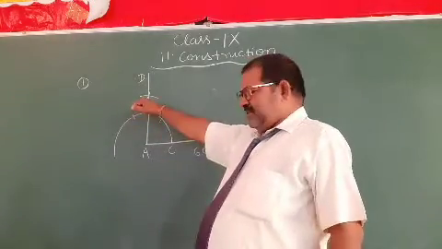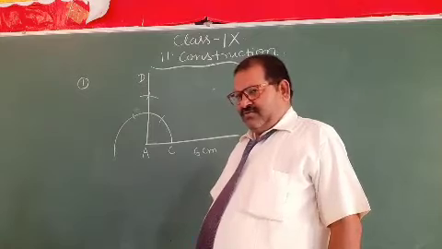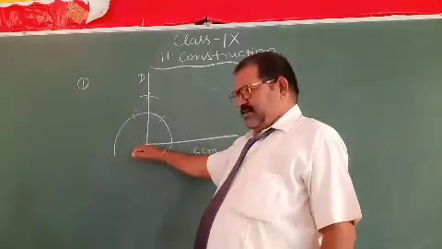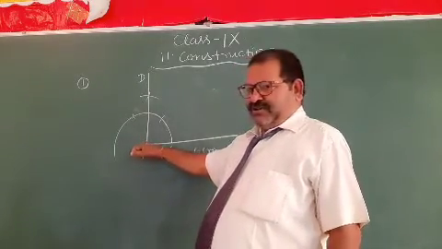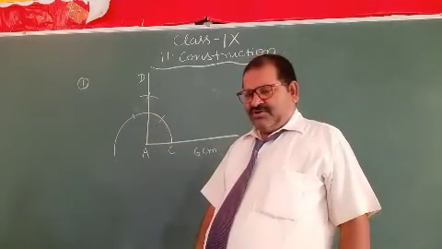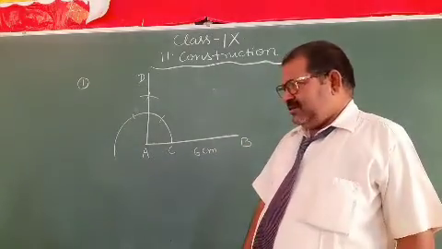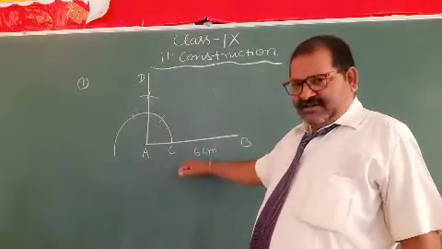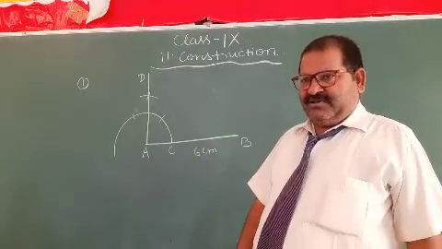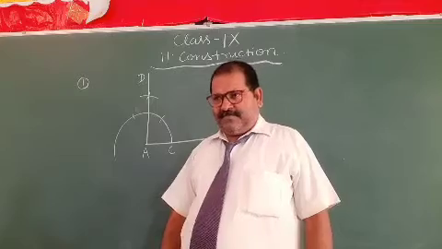The arcs intersect. Now join the intersected arc to the point A and produce to D. So therefore the required angle of 90 degree is formed. This is the diagram.